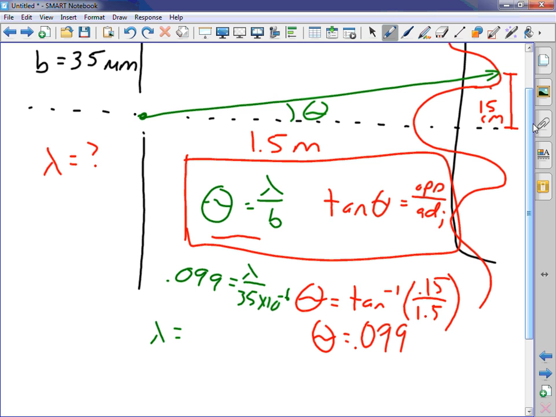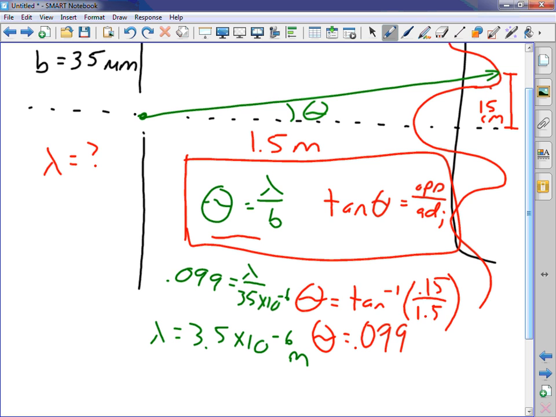Give me that in scientific notation, please. 3.5 times 10 to the negative 6 meters. Is that visible? No, that's a little bit longer than visible light. Visible light is around 10 to the negative 7.